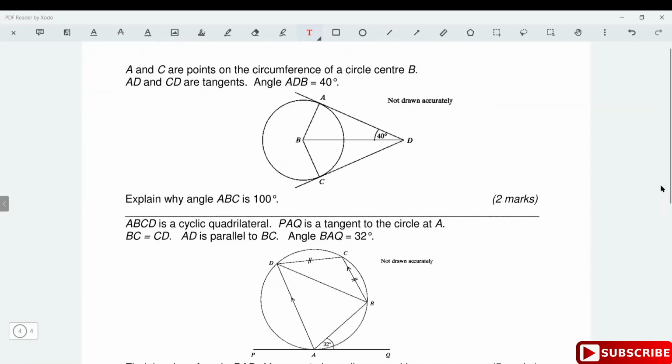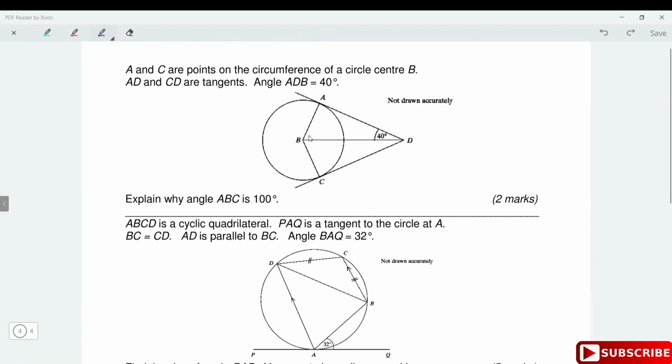All right, moving along. This question says A and C are points on the circumference of a circle, center B. AD and CD are tangents and angle ADB is 40. Explain why angle ABC is 100.